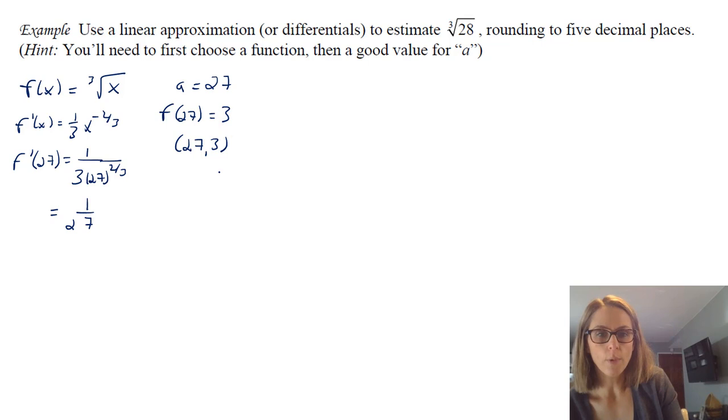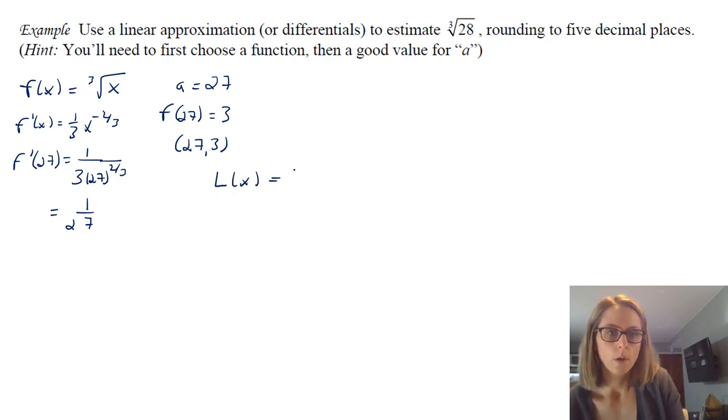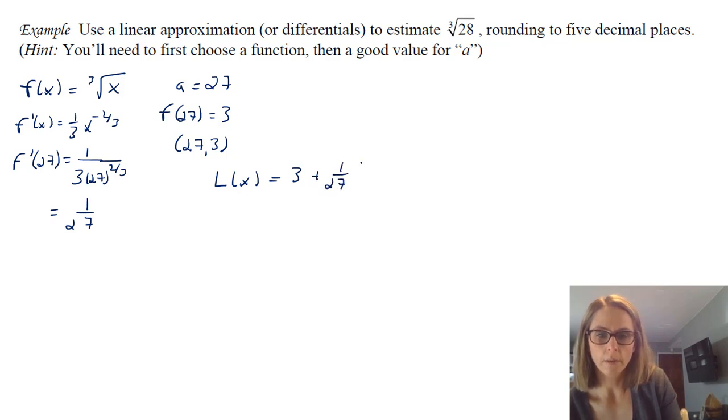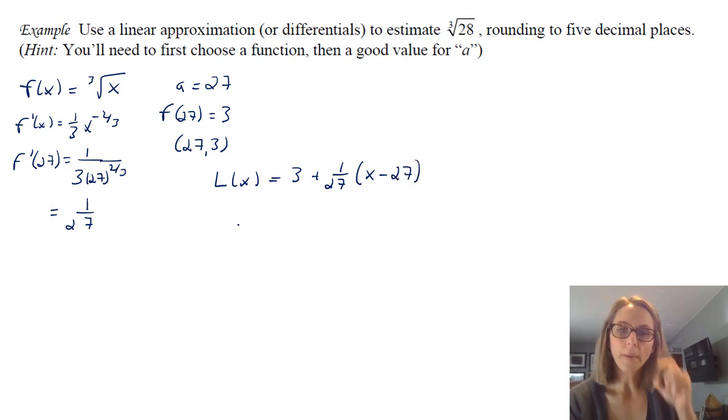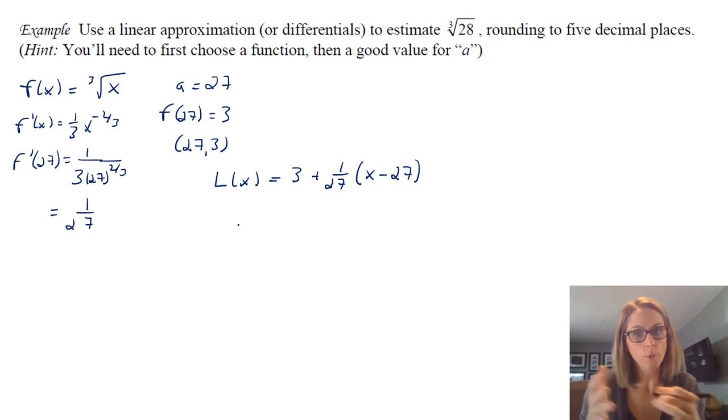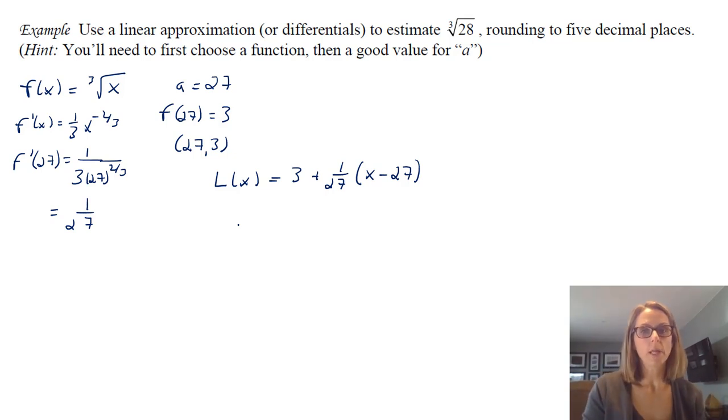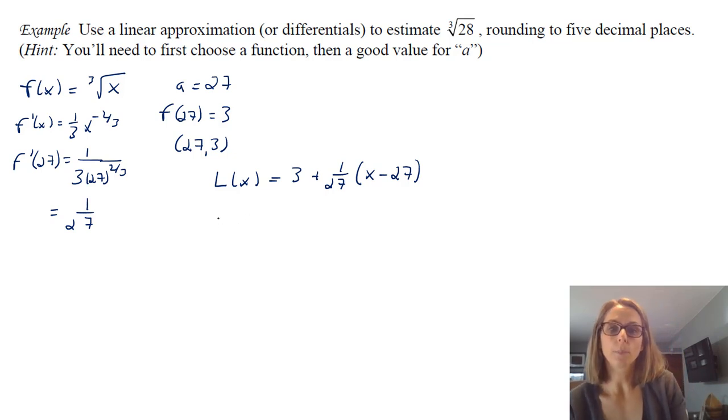Okay, so now we have that L of x is 3 plus 1/27 times x minus 27. And then because this is just the cube root of x, and our a was 27, the cube root of 28 just involves plugging right in 28.